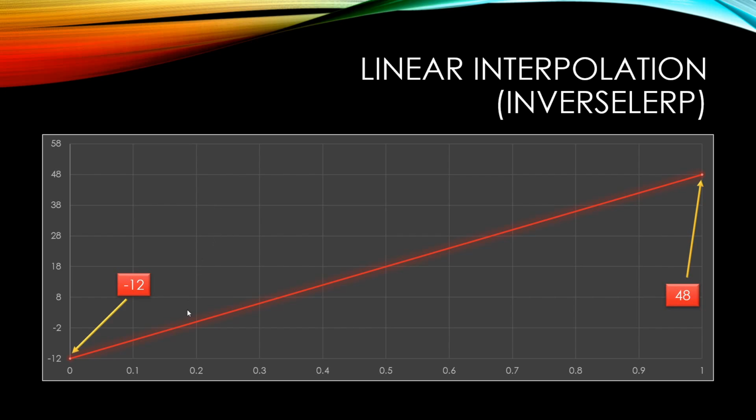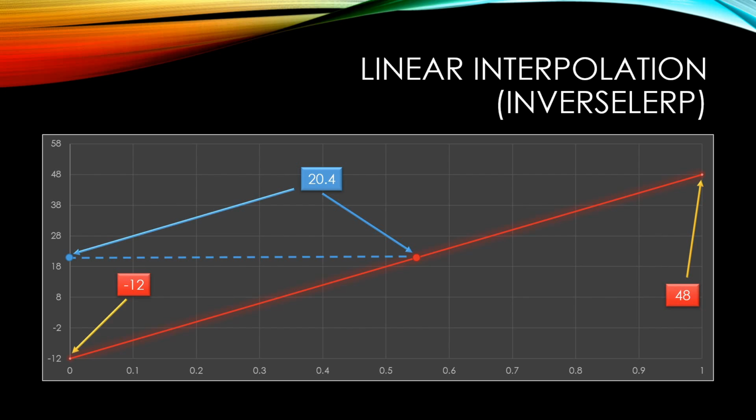Now, let's talk about going the other direction. In the inverse Lerp case, again, we have a range of -12 to 48, same line, same x-axis, same y-axis values. But this time, we're going to start with the 20.4 value. Let's say I have a value, 20.4, that I know is between -12 and 48, but I don't know what percentage of the way it is between those two values.